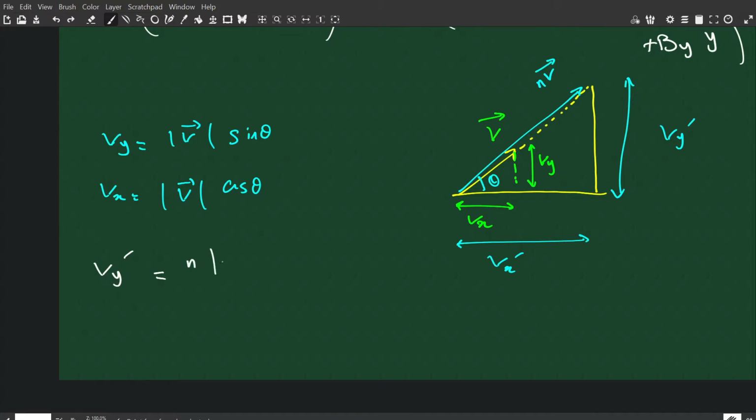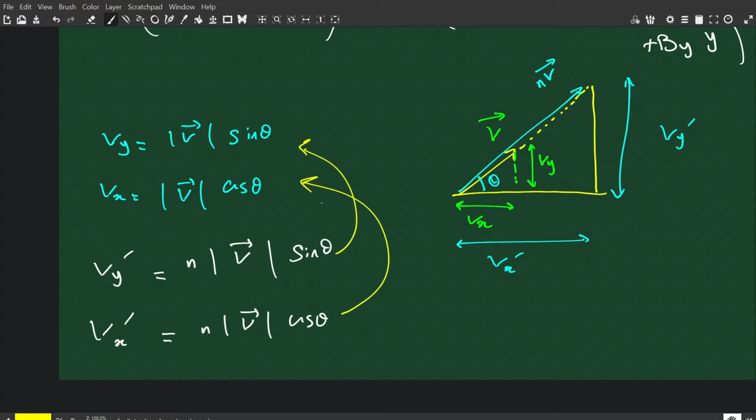I mean, it's n times magnitude of v sine theta, and vx prime is n magnitude of v cosine theta. And as you see, each of these components is multiplied by this number.